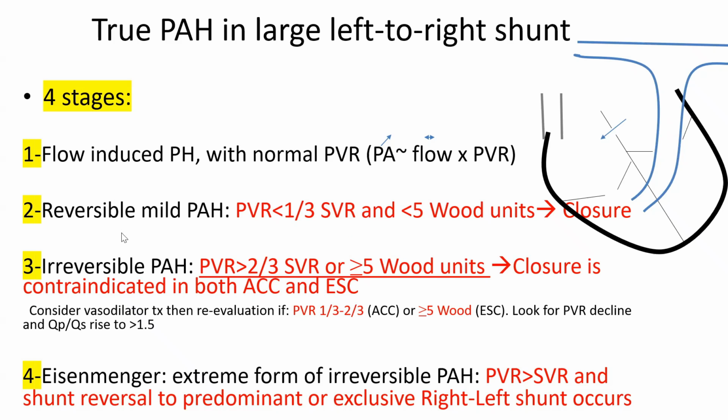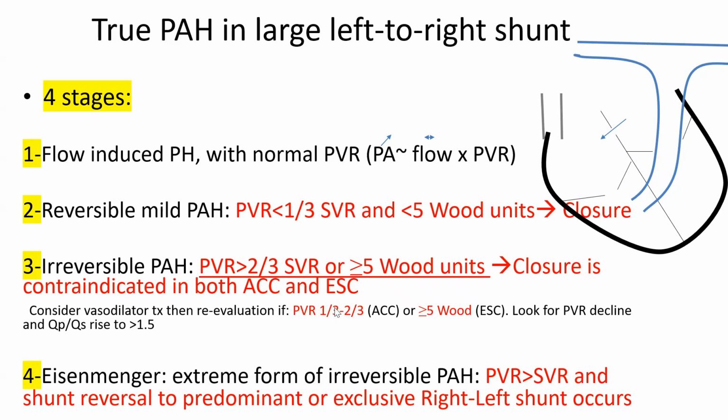In the guidelines, if you have ASD with pulmonary hypertension, but PVR less than 1/3 of SVR and less than 5 Wood units, close it. If you have PVR over 2/3 of SVR or more than 5 Wood units, that's irreversible PH, avoid closure.